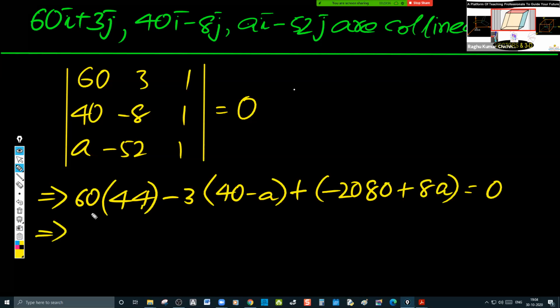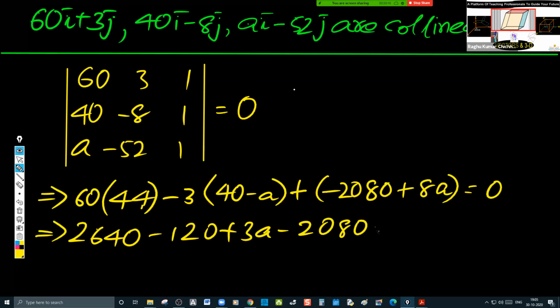Correct? Now this is 60 into 44, that is 2640, minus 120 plus 3a, minus 2080 plus 8a is equal to 0.